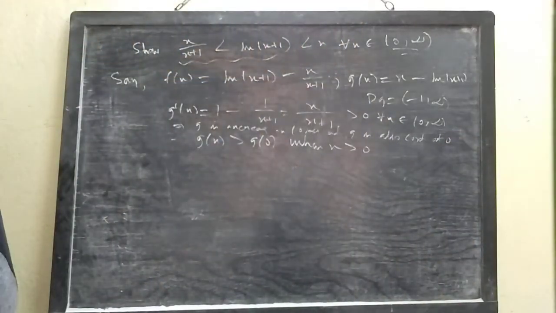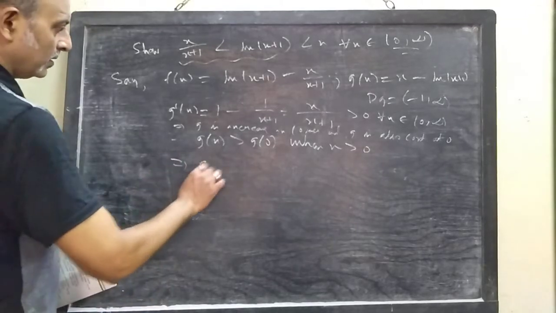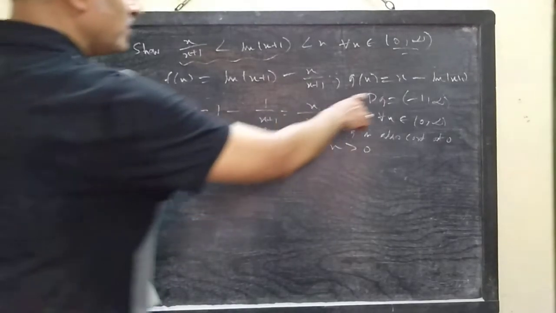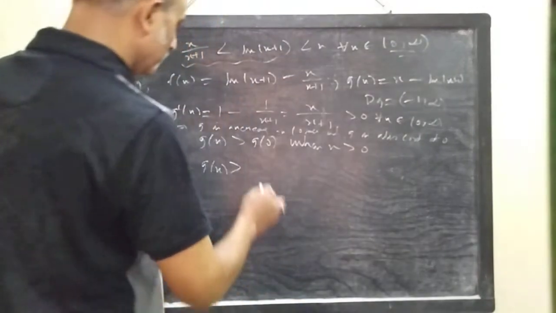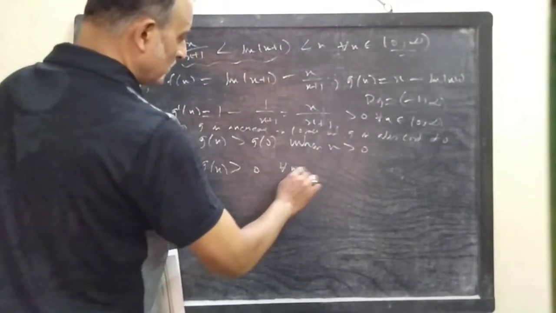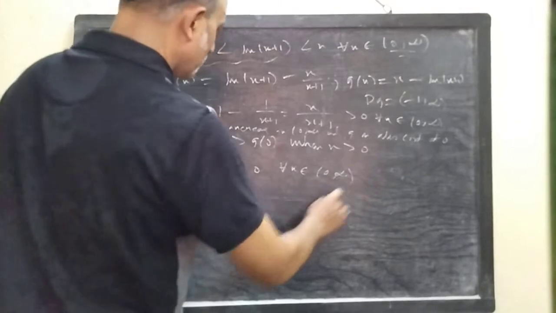Therefore, g(x) greater than g(0). What is g(0)? Put 0 here, you get 0. g is greater than 0 for all x belongs to open 0 to infinity.